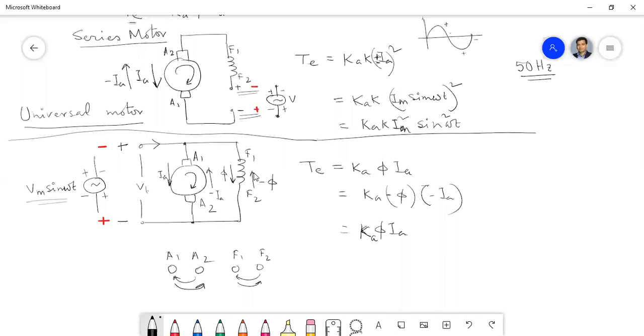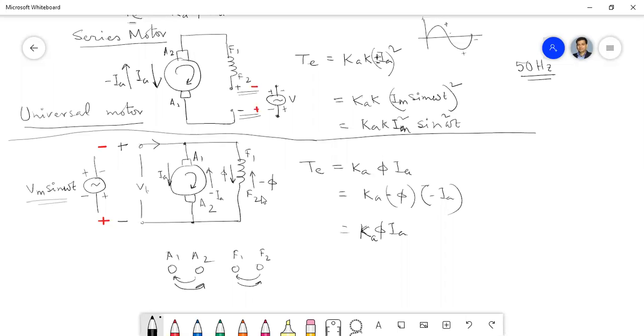But in the case of a shunt machine, the number of turns is very high and the conductor used to make the shunt field is very thin.